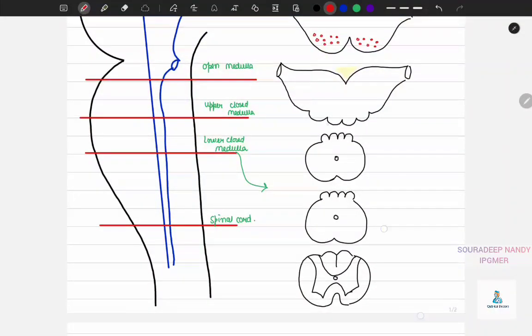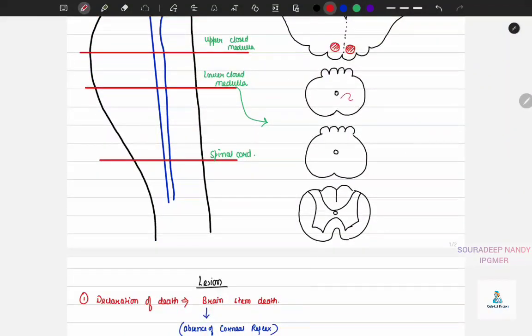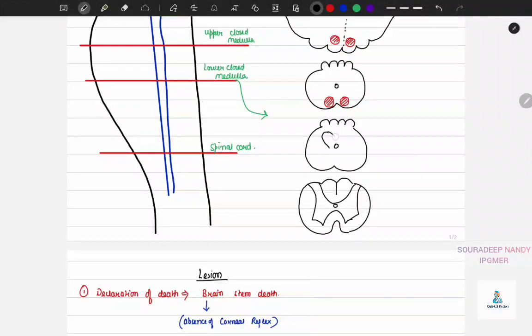Now in the open medulla, here is the corticospinal tract. Now at the upper closed medulla, here is the corticospinal tract. In the lower closed medulla, the tract decussates. Here is the grey matter, and the fibers of the corticospinal tract decussate, that is, they cross to the opposite side.